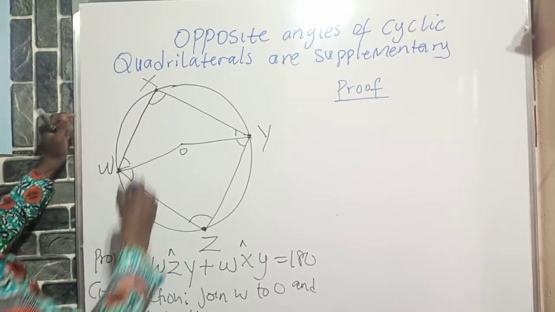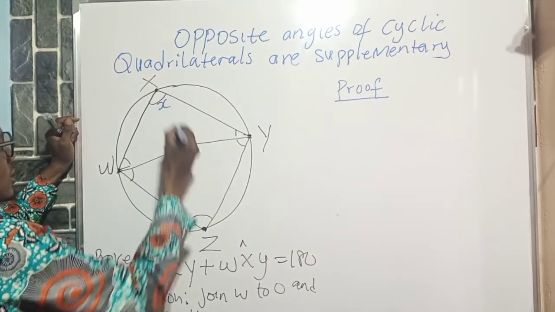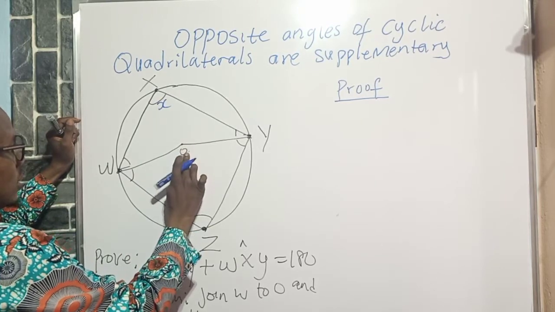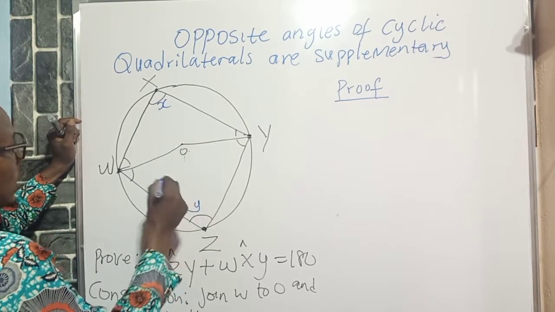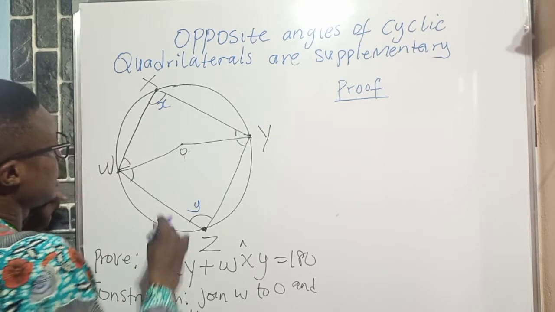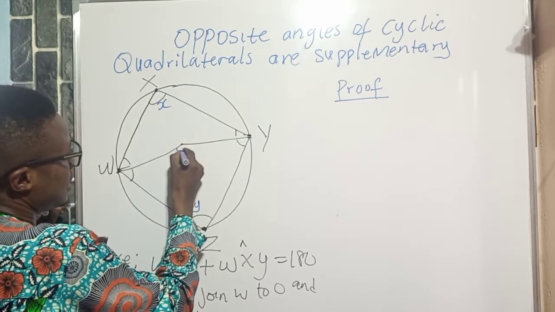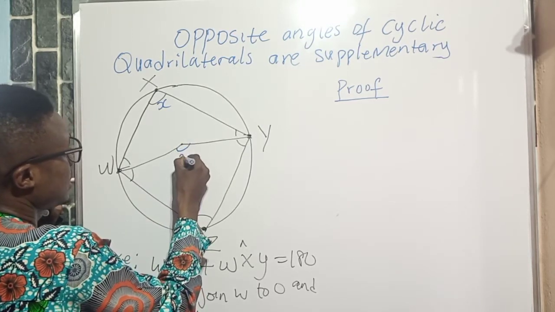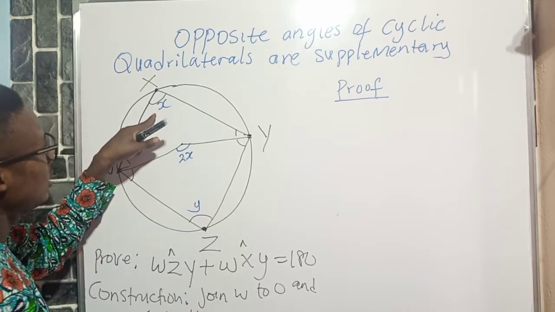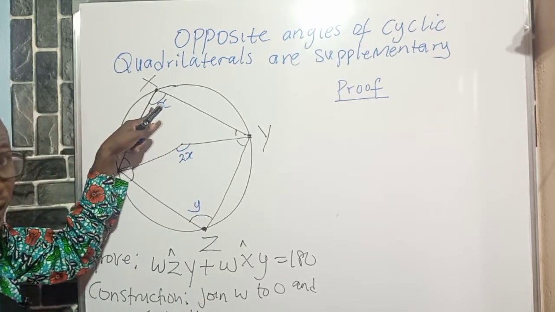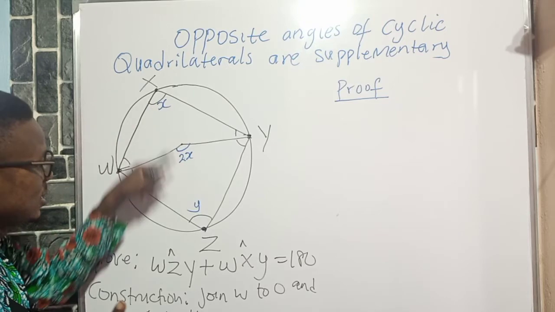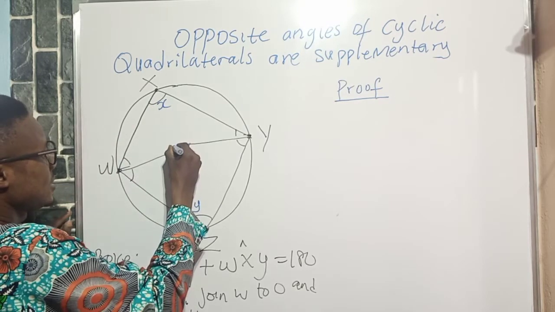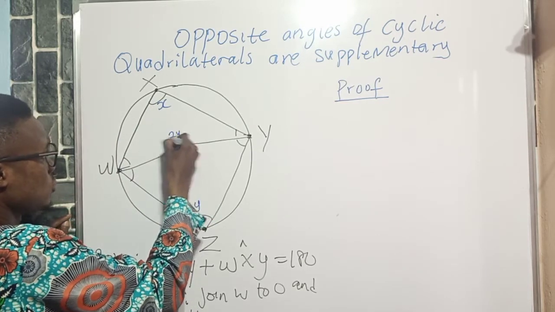If I call this angle x and call this particular angle y, do you know that the angle that will appear here at the center will be 2x, because angle at the center is 2 times angle at the circumference, from the last theorem. If here is y, this angle here will also be 2y.